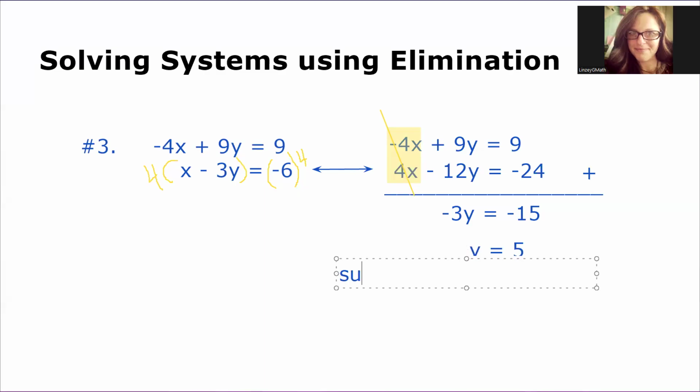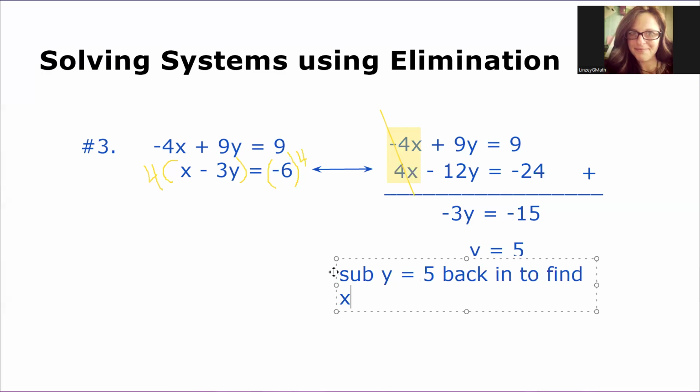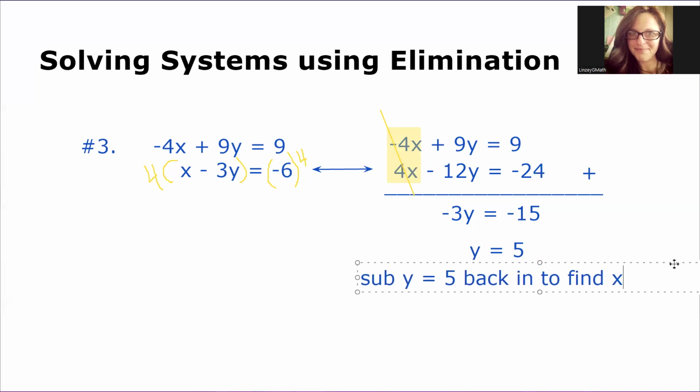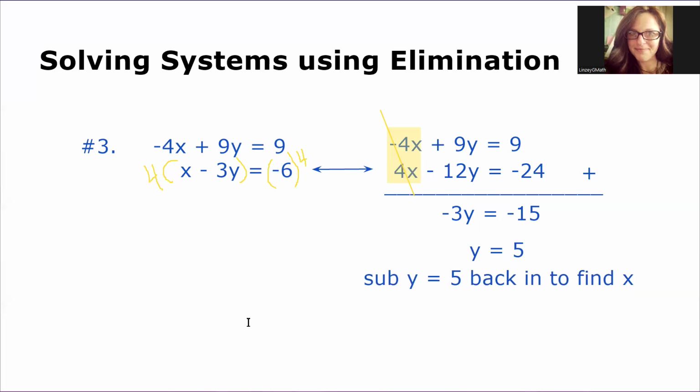Now we need to substitute y equals 5 back in to find the x coordinate of our point of intersection. I'm going to use the top equation. It's a little bit shorter. Substituting 5 in for y to solve for x.